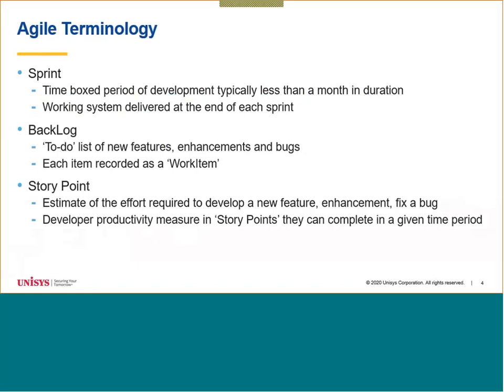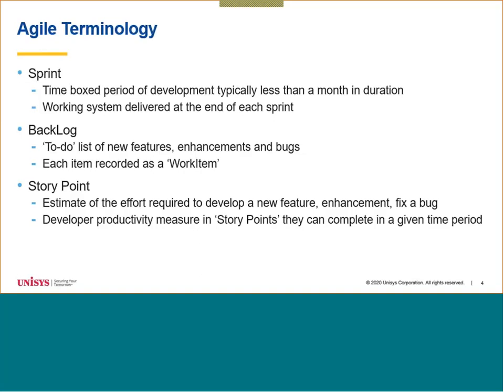During this presentation, I'm going to assume that you're using a variation of the Agile process. So there's a couple of terms that we need to understand and make sure that everyone is aware of. A sprint in an Agile environment is a time-boxed period of work. It's normally less than a month. It can, in theory, be as long as you want, but typically it's less than a month, and often only about a week to 2 weeks.